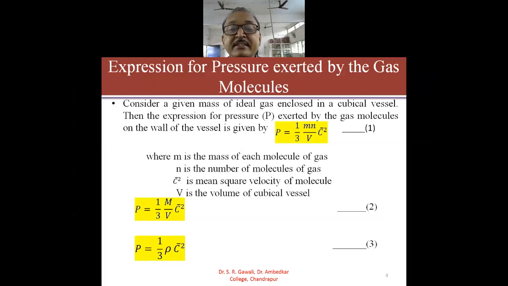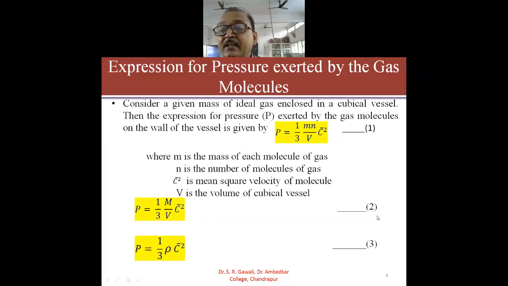So this is one form of the expression for the pressure exerted by the molecules of the gas. Here m is the mass of each molecule of the gas, n is the number of molecules of the gas, C bar square is the mean square velocity of the molecules of the gas, and V is the volume of the cubical vessel or container. The same expression we can write in a different manner as P is equal to 1 by 3, instead of this mn, we substitute the capital M upon V into C bar square.